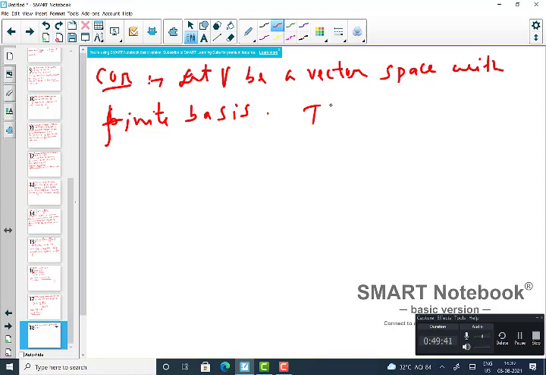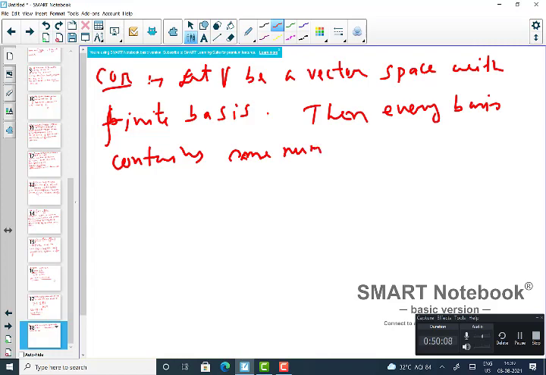Then every basis contains the same number of elements, the same number of vectors. Right? So the proof is also simple.